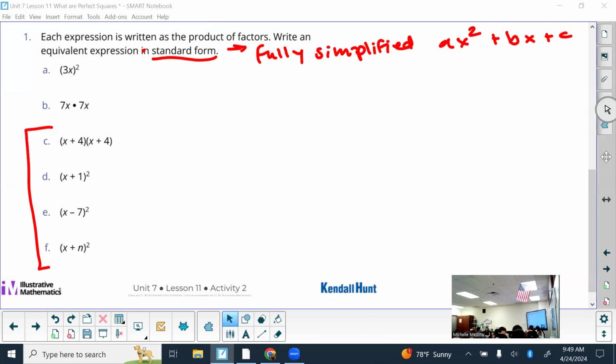What is (3x) squared? Or what's the standard form equivalent, is what it asks, but to get to standard form, you're really just multiplying. So what is (3x) squared equal?